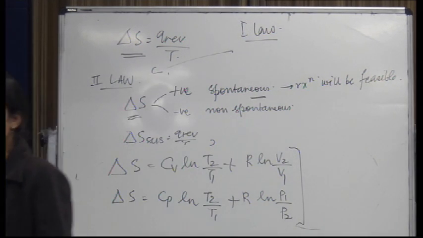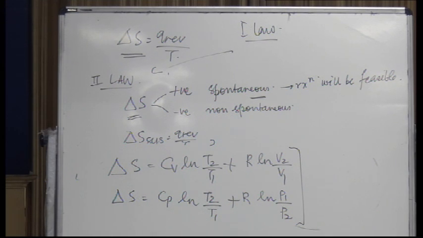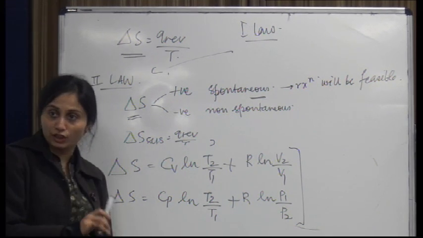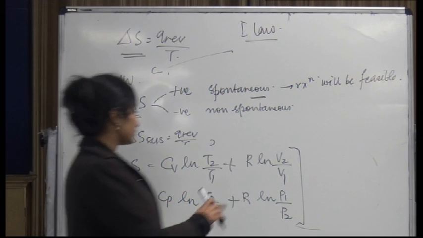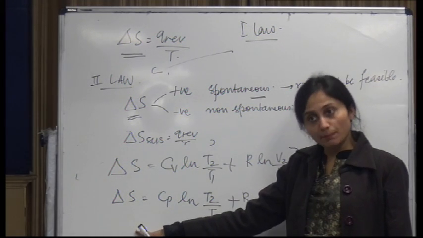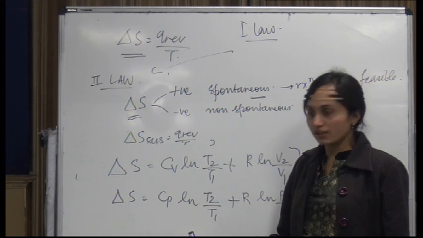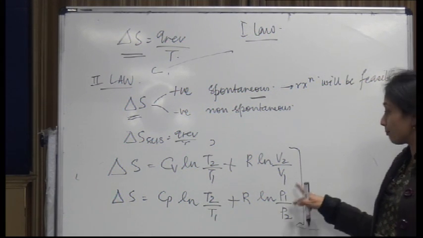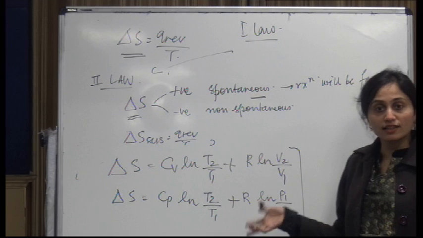Please note down these formulae very carefully. What is your delta S? It is Cv ln of T2 by T1 plus R ln of V2 by V1, and the other one is Cp ln of T2 by T1 plus R ln of P1 by P2. That's the case of ideal gases.